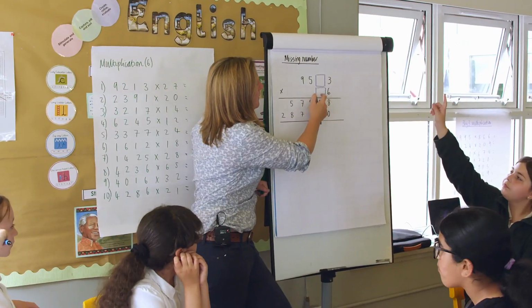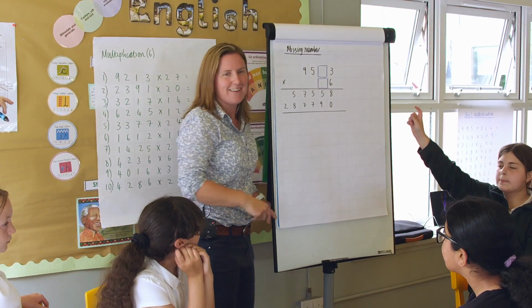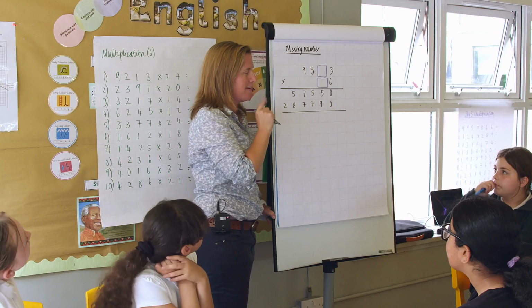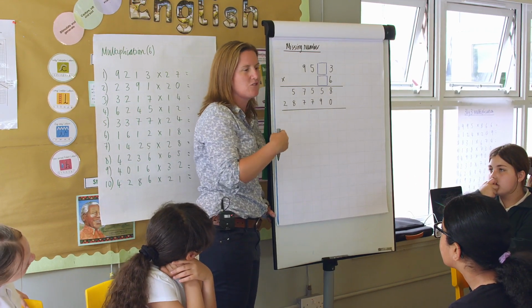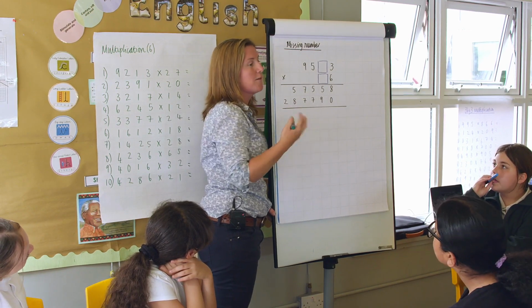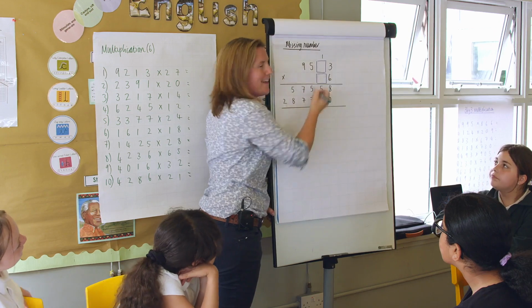Well, there's big clues, isn't there? Tallulah. So 6 times 3 is 18. Now, this is not a trick question. They've tricked you a little bit, because actually, when we know that it's 18, what do we have to do with the 10? We've got to carry it and regroup it, so that would be here.